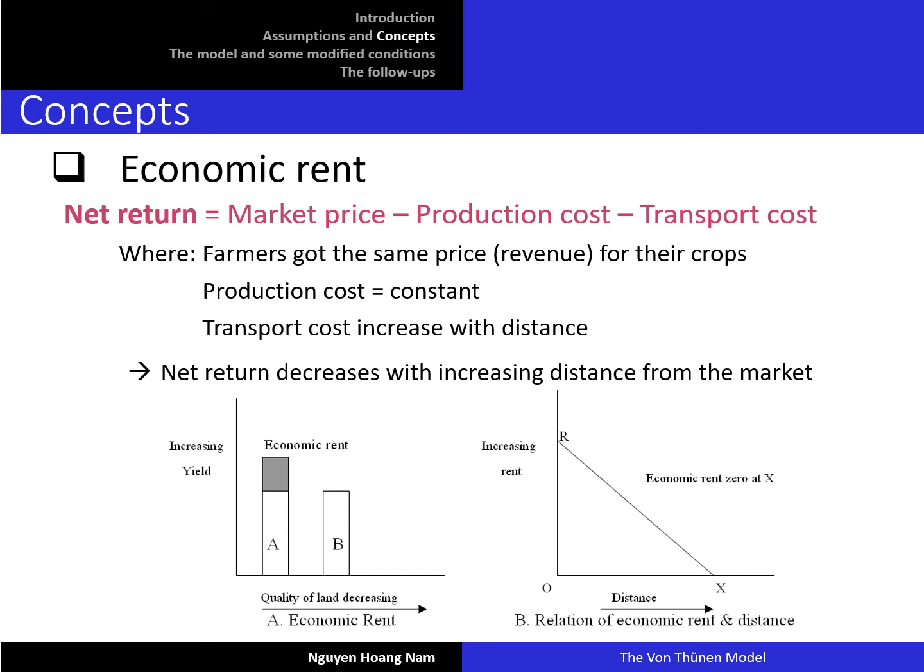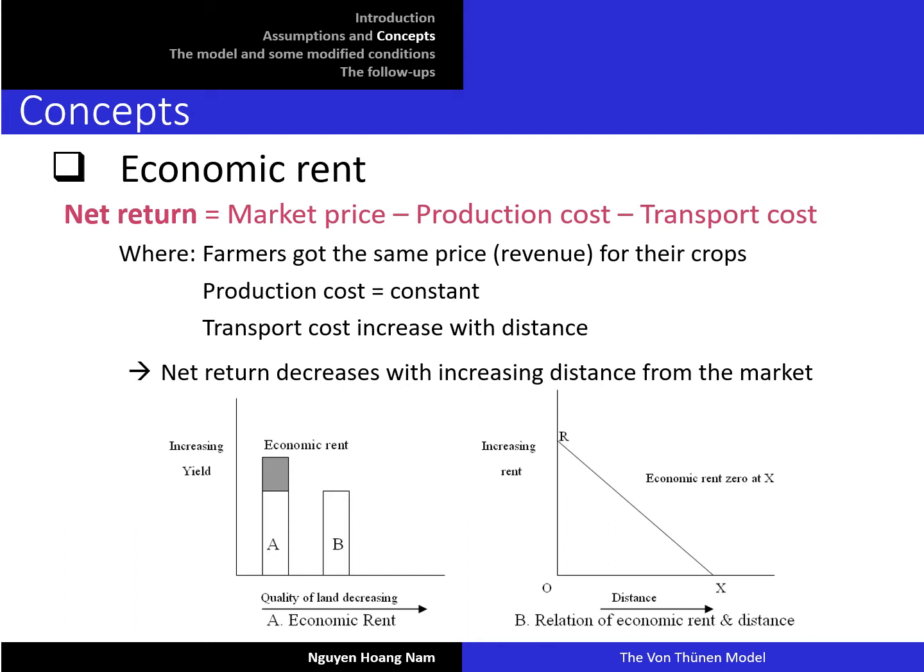Production cost will stay constant. Transport cost will increase with distance. So transport cost is the total amount of money that you pay for transportation to transport one product from A to B within the state.